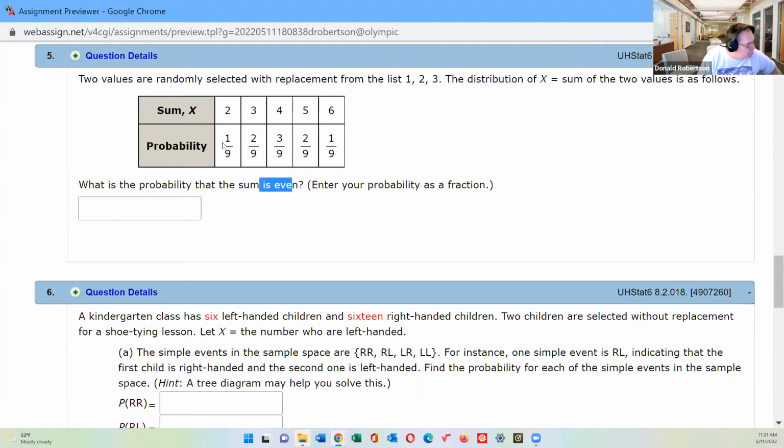So if you look at where evens are, that's even, that's 1/9. That's even, that's 3/9. And that's even, that's 1/9. So if you notice that in these tables, you add things together, right? So what's the probability of you getting even? 1/9 plus 3/9 plus 1/9, and I hope that's 5/9. Are we good with that?